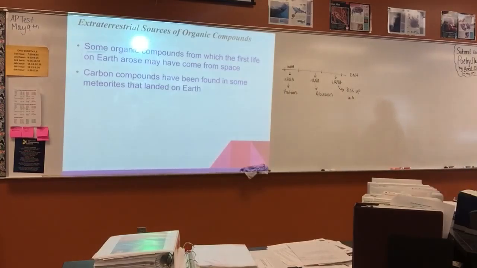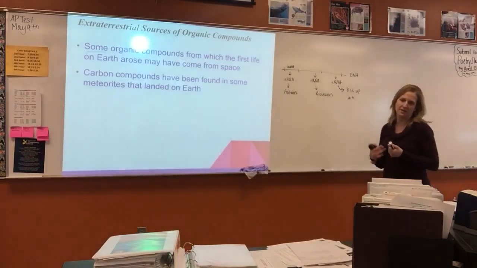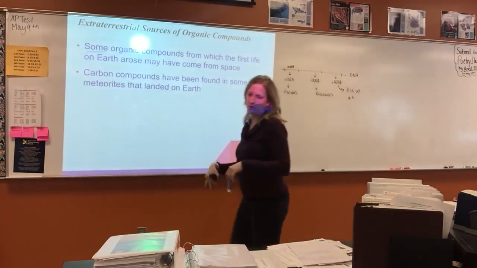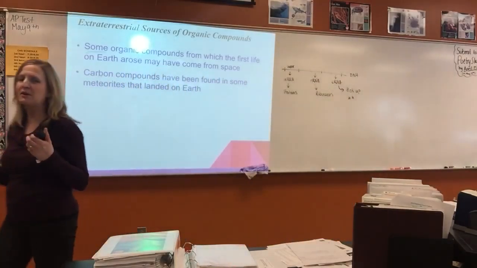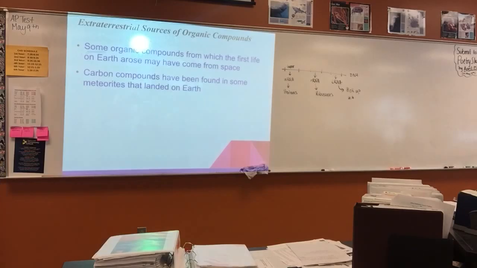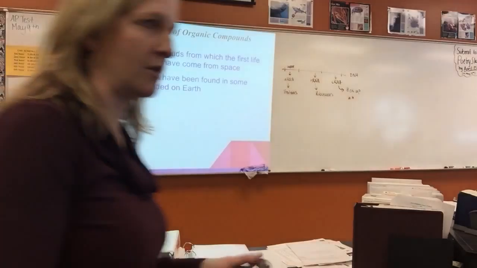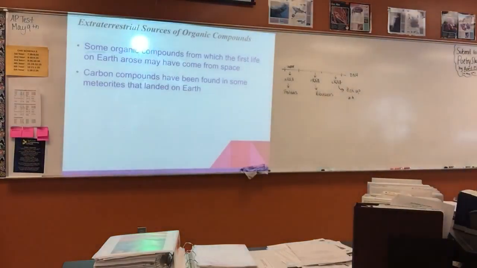They found meteorites that have landed on Earth that have carbon compounds in them. Because these meteorites have carbon compounds, that may have been some of the source of original carbon molecules on Earth. All right, and so that's what the extraterrestrial refers to.